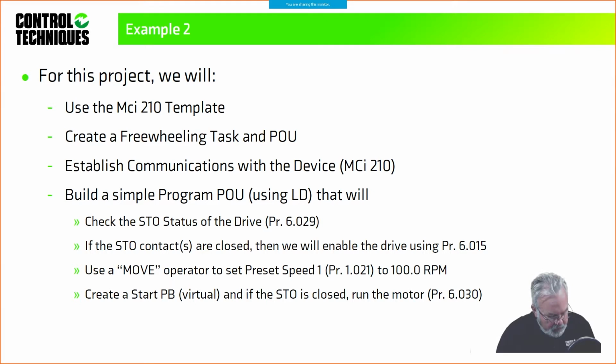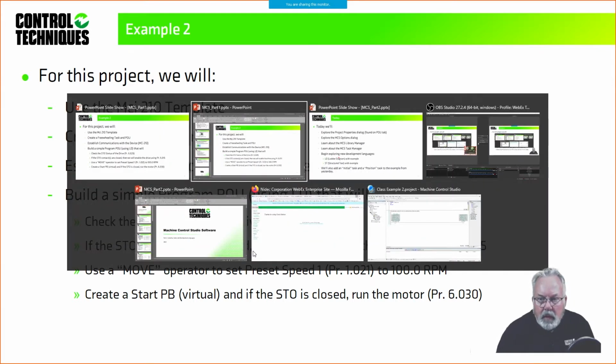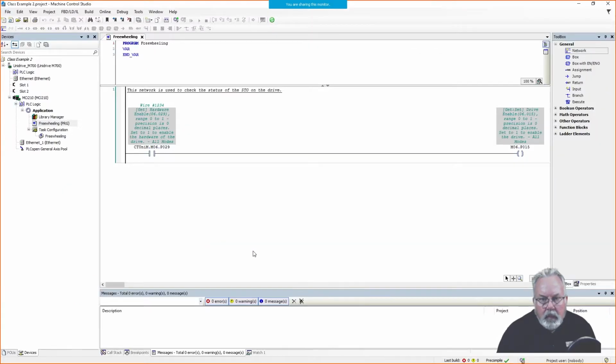So let me flip over to Machine Control Studio now. There we go. Here's where we were yesterday. This is kind of debatable. I don't know if that symbol comment is really useful or not. It could get to be a lot and could make your programs a little hard to read, but I'm just going to leave that stuff in there for now.